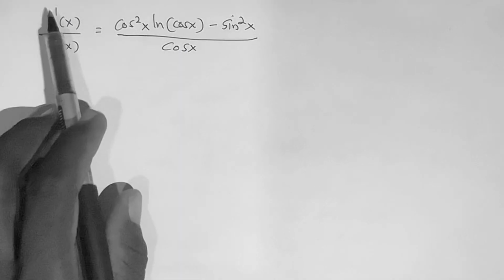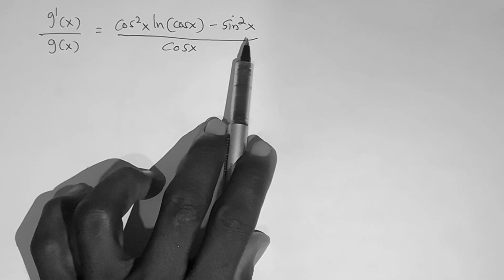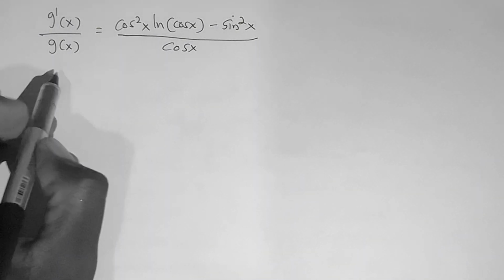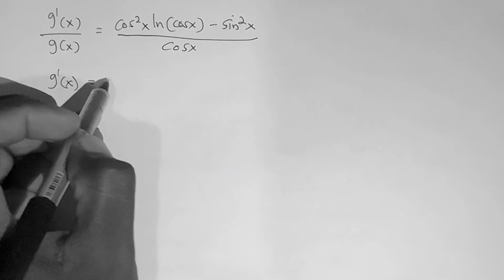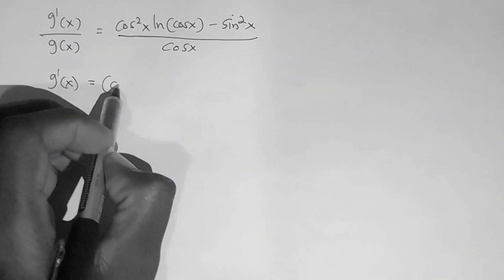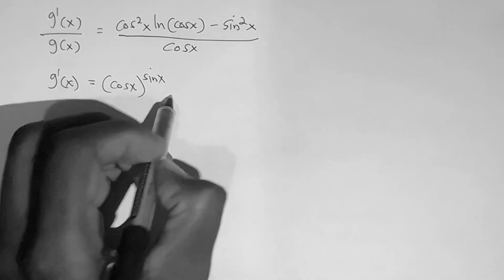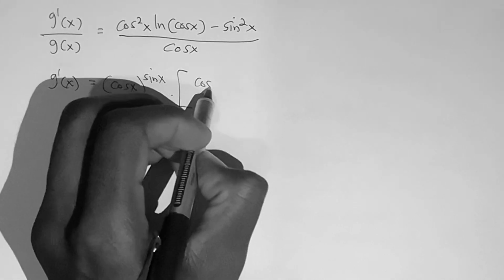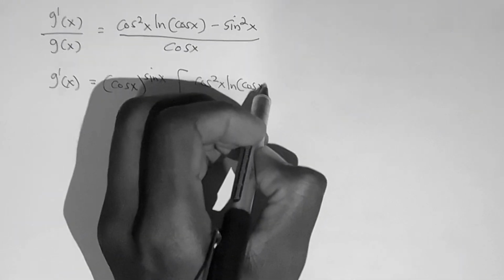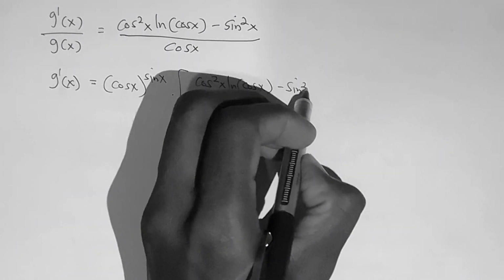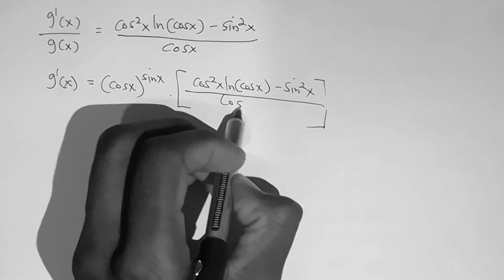We established that g prime of x over g of x is equal to cos squared x ln cos x minus sine squared x over cos x. So g prime of x is equal to g of x, and g of x in this case is into bracket cos x exponent sine x, then all of this times cos squared x ln cos x minus sine squared x, all of this divided by cos x.